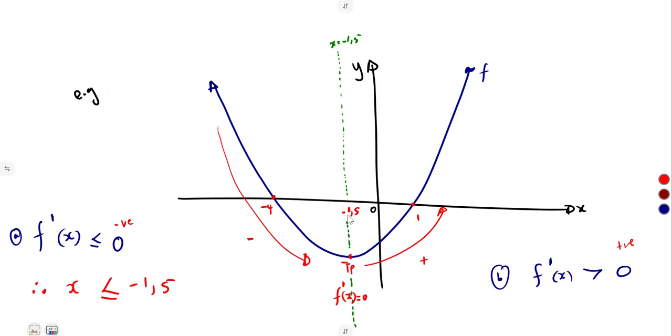From minus 1,5 at the turning point, the graph is going up. So therefore, x must be greater than minus 1,5. Those are the values. If there wasn't an equal to, you're going to put it also on your solution. So this is how you answer these questions.